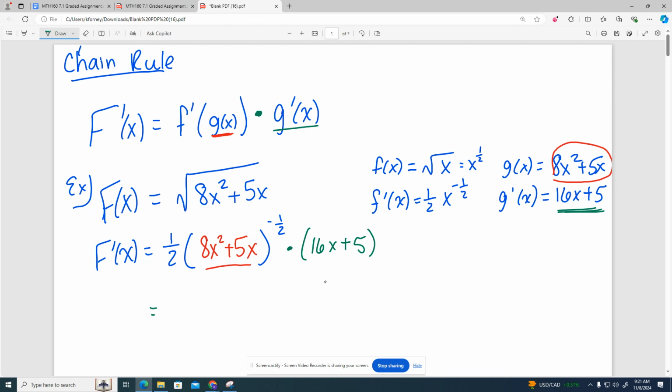So this negative 1/2 tells me that I can put this 8x squared plus 5x in the denominator. This 2 also is going to go in the denominator. And then 16x plus 5 is in the numerator.